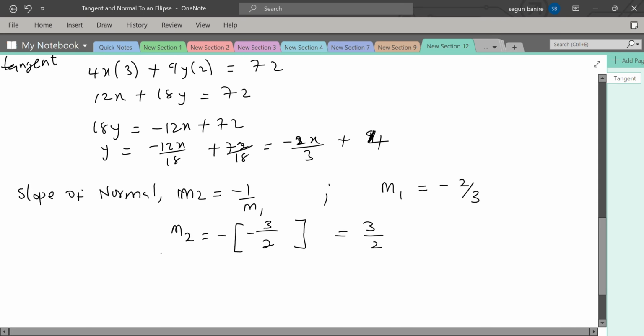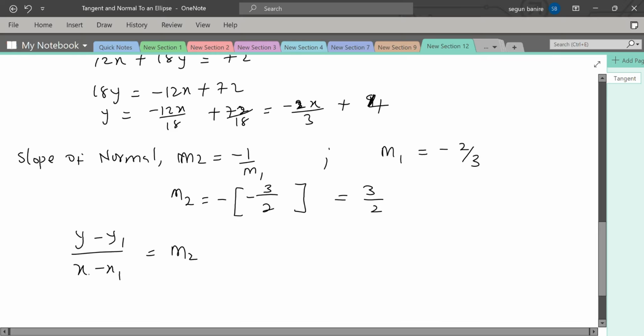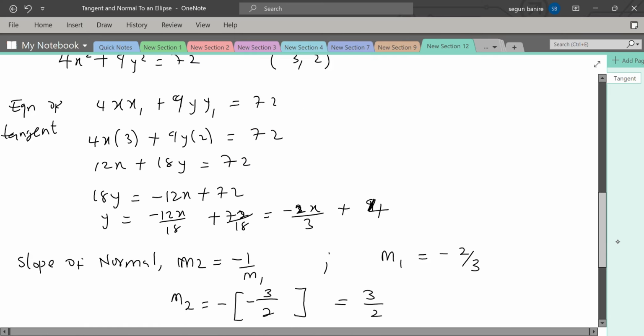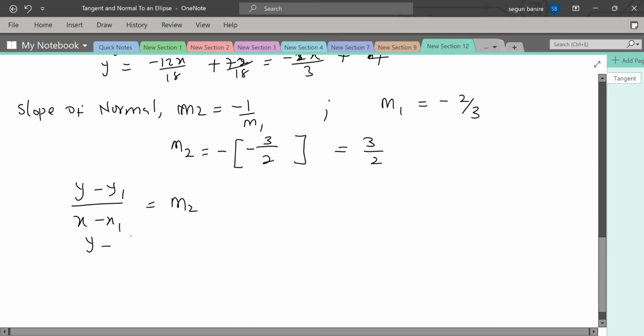So with this slope, let's get the equation. y minus y1 over x minus x1 equals m2. What is y1? So the point is 3, 2. Okay, so we have y minus 2 over x minus 3 equals 3 over 2.